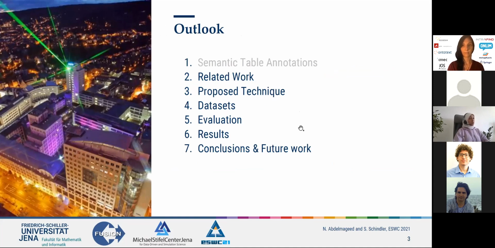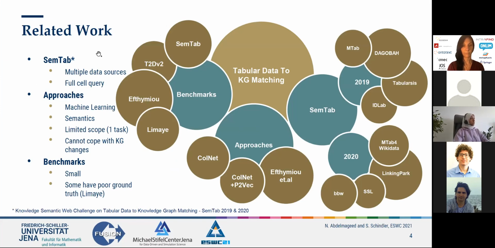Here is the outline for today. And the next section goes to the related work. We have grouped the related work into three main categories. They use benchmarks for the evaluation, the JenTab challenge participants over the last 2 years, and other approaches which combine machine learning to solve one or more semantic table annotation tasks.